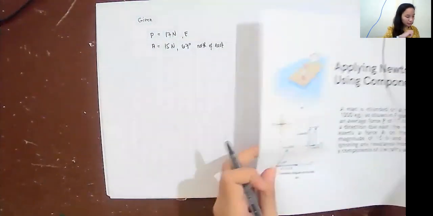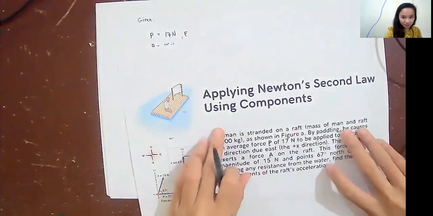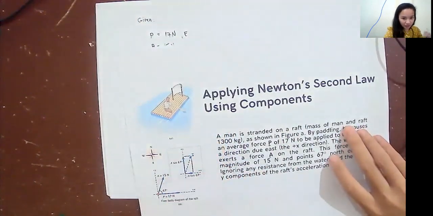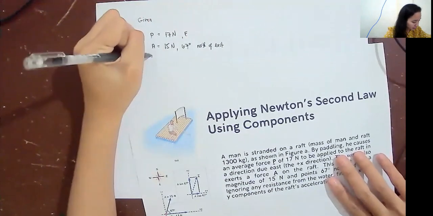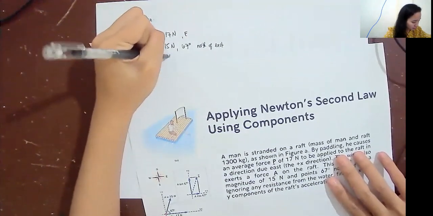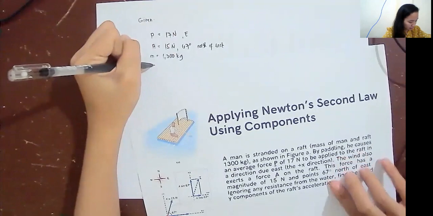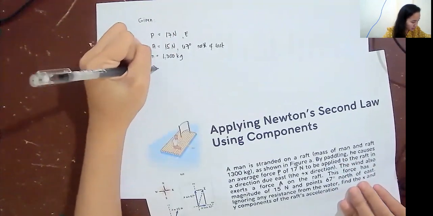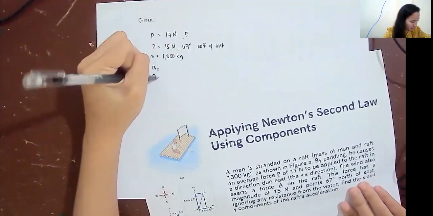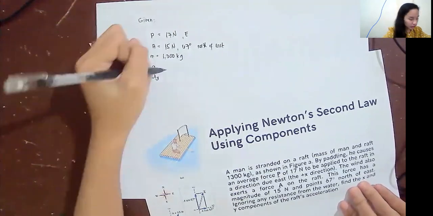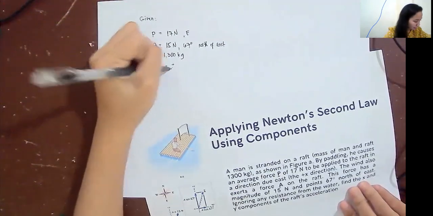Yes, that's the given. And then we also have our mass, the total mass of the man together with the raft, which is 1,300 kilograms. And what we are looking for is our acceleration with respect to x and y components.